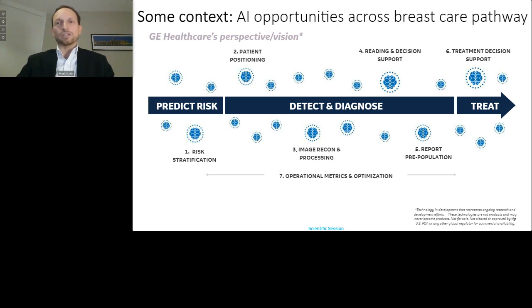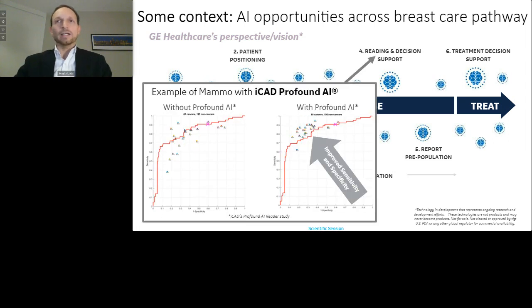Some of these you will see discussed with our great speakers in a moment, but they range from risk prediction to applications within detection and diagnosis, including exam acquisition for positioning, image processing, reading and decision support, all the way to the treatment of the patient, which are perhaps a little bit more longer term. One example of this that is actually commercially available today is from our partner iCAD.